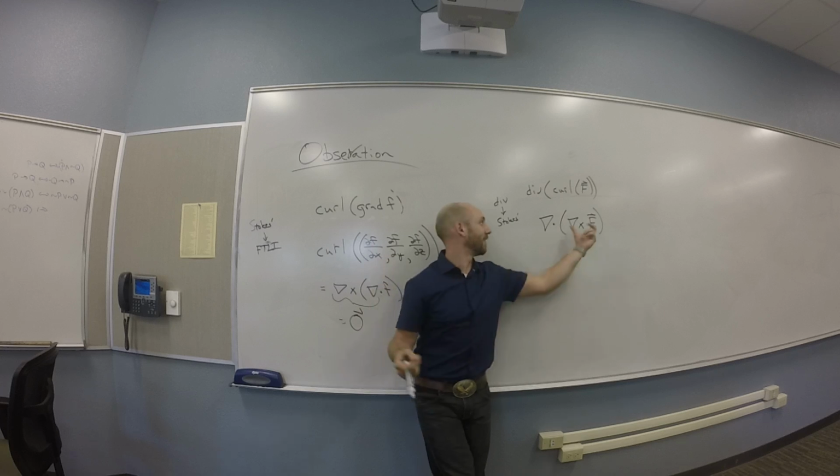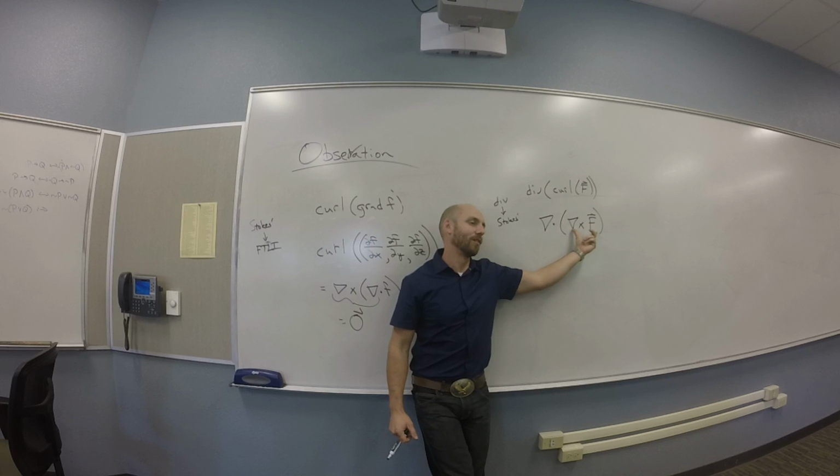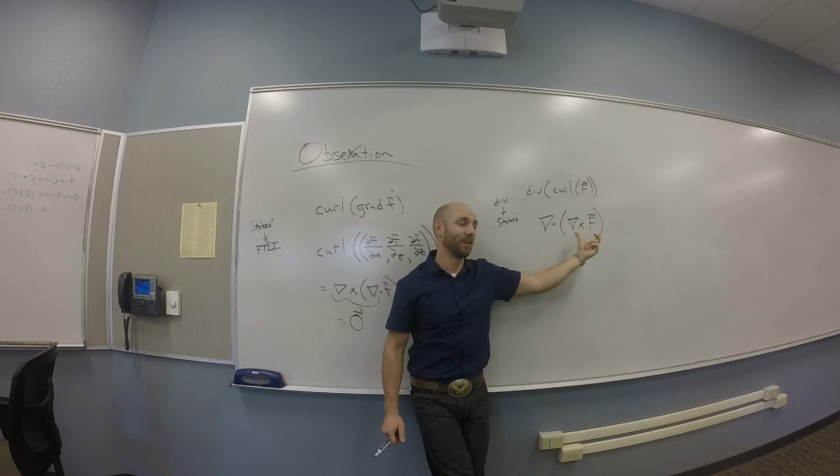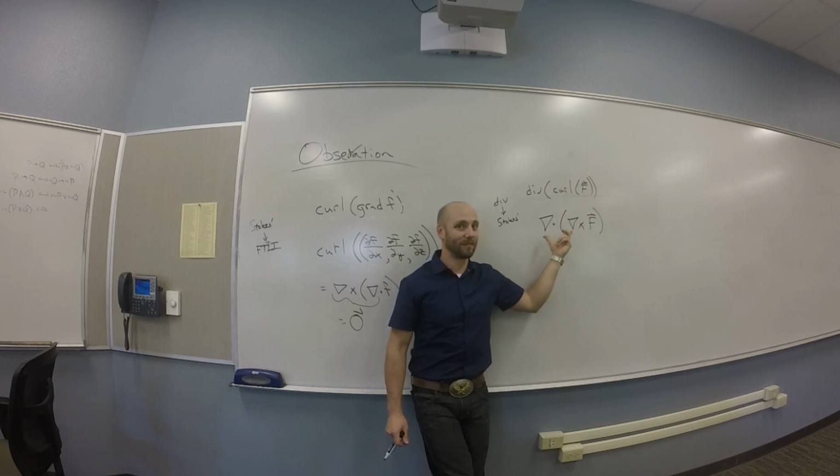You guys see that? This thing should be perpendicular to both the gradient and F. Well, I have a definition for perpendicular. You remember when we defined perpendicular to mean that the dot product was 0? So if it's perpendicular to the gradient, when you dot that result with the gradient, you're going to get 0.